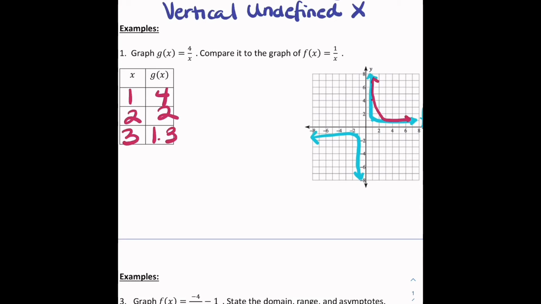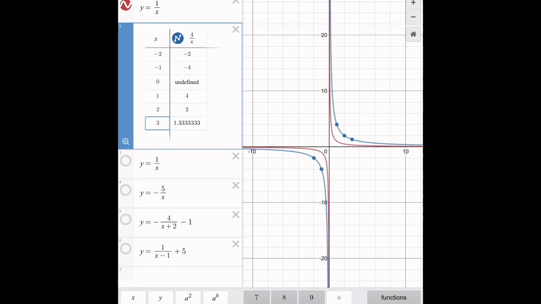And we're going to do the same thing with the negatives. So let's take a look at the negatives on Desmos and compare it to the positives. So we had +1, +4, and now we're at -1, -4. So both of the signs switched. Same thing. We had +2, +2. Now we have -2, -2. So we're going to make sure we mention that on our notes.